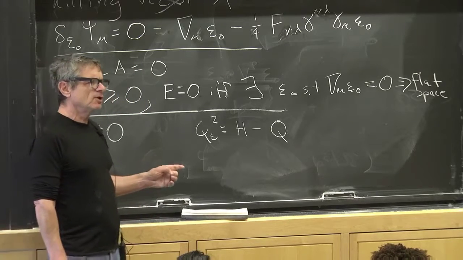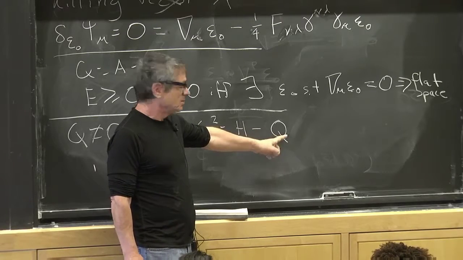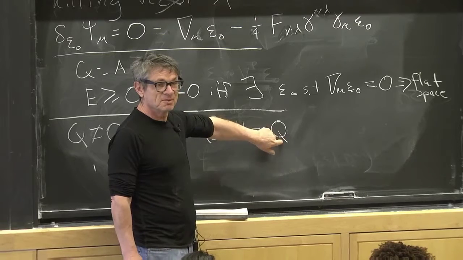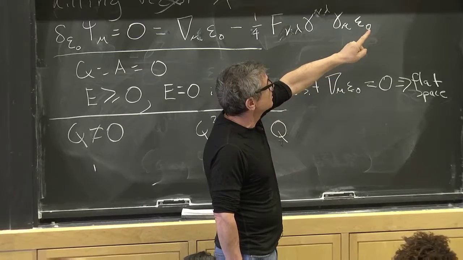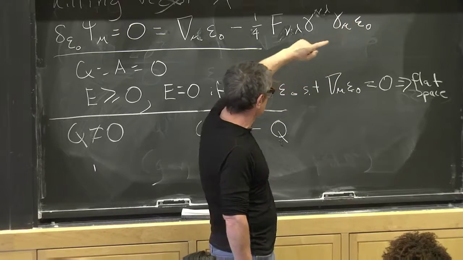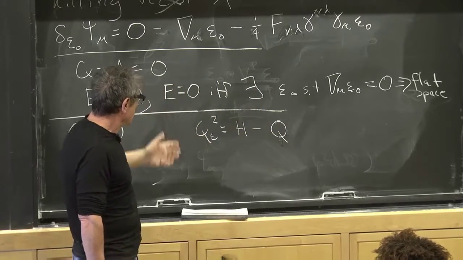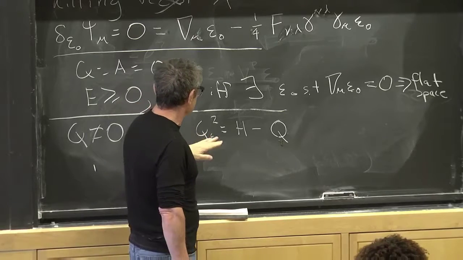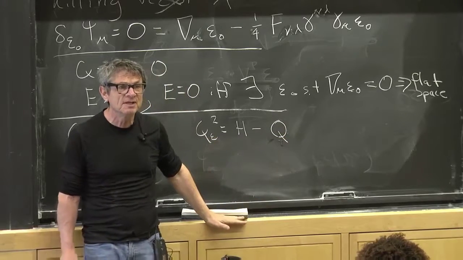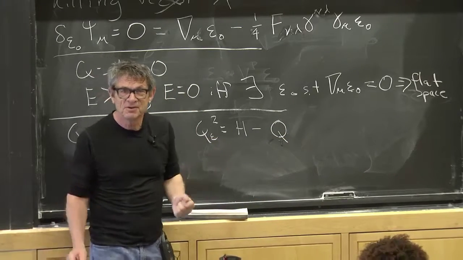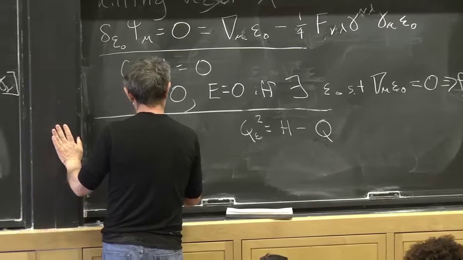Okay, so this Q is not this Q. This is the electric charge of the black hole. Or in the multi-Reissner-Nordström, the Majumdar-Papapetrou metrics, it's the sum of all the charges. We learn that the difference between the energy and the charge is the square of something, therefore positive. So we learn that the energy is greater than or equal to charge.